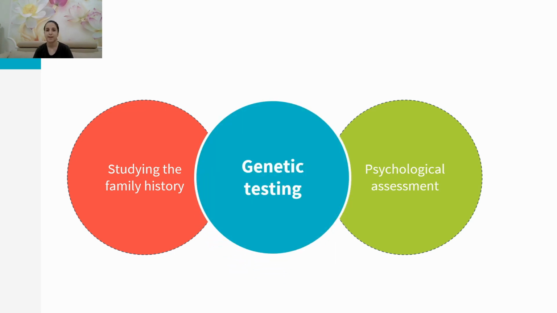In genetic testing, blood is drawn from the patient or the suspect, and through that the DNA of that person is obtained. The DNA is then studied further to find out how many CAG repeats that person has. If the CAG repeats are more than 35, then it's certain that the person would develop HD in later courses of his life.